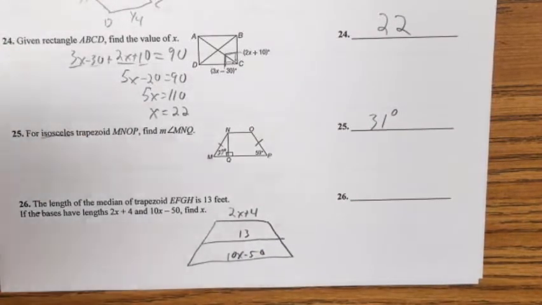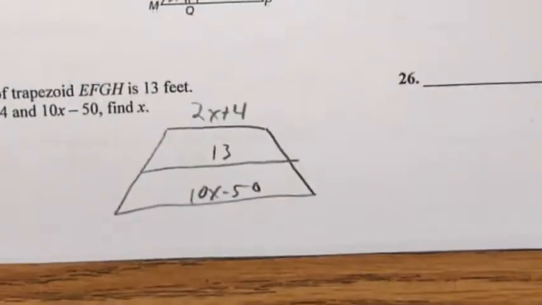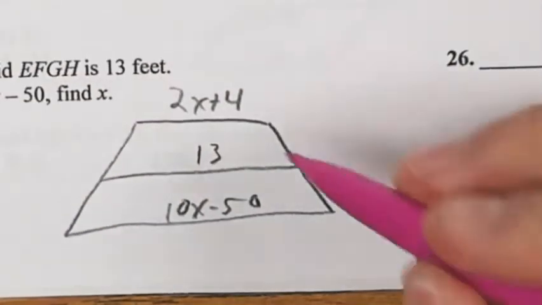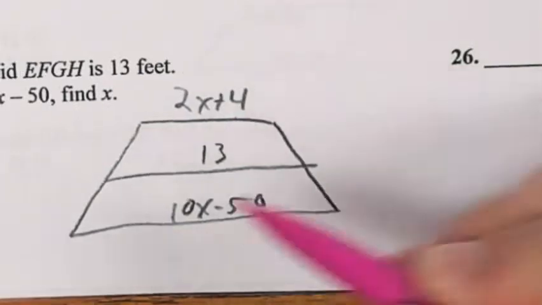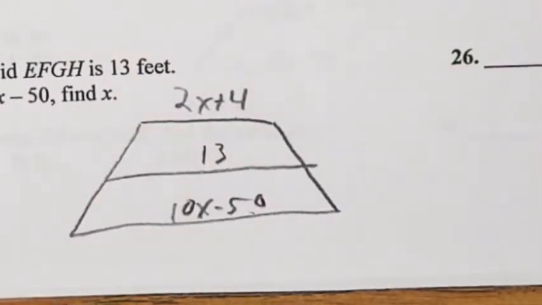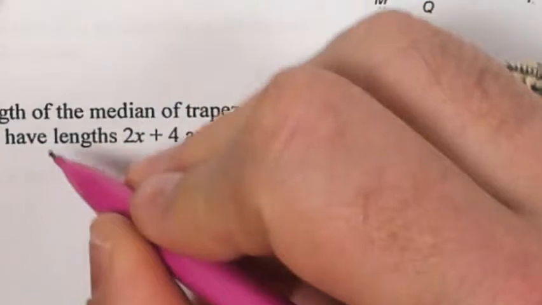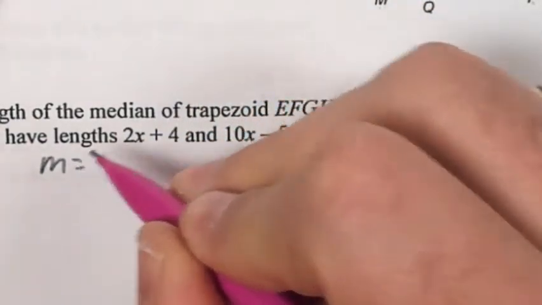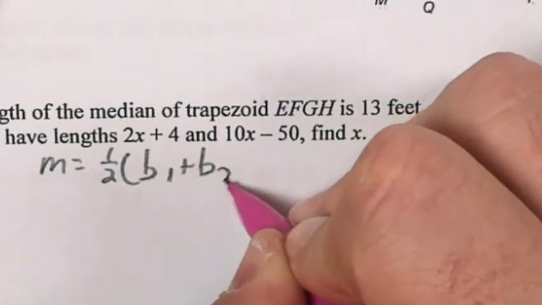Now, when I do problems like this, every now and then I have a student who wants to know, what if I put those in the wrong places? What if this should have been 10x minus 50 and this should have been 2x plus 4? Honestly, it does not matter. The formula will work out the same either way, since in the formula we are adding these two together. Now, our formula is the median is 1/2 times base 1 plus base 2.